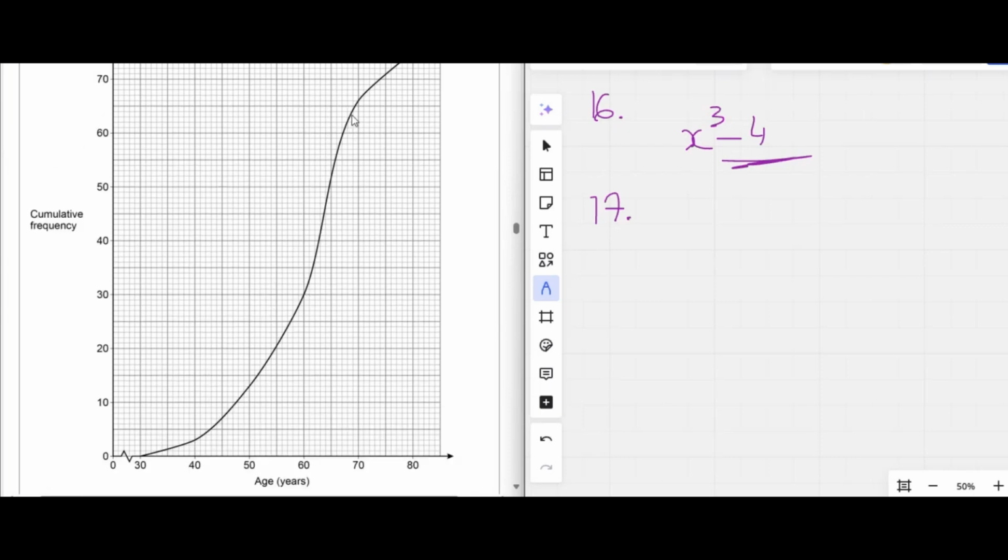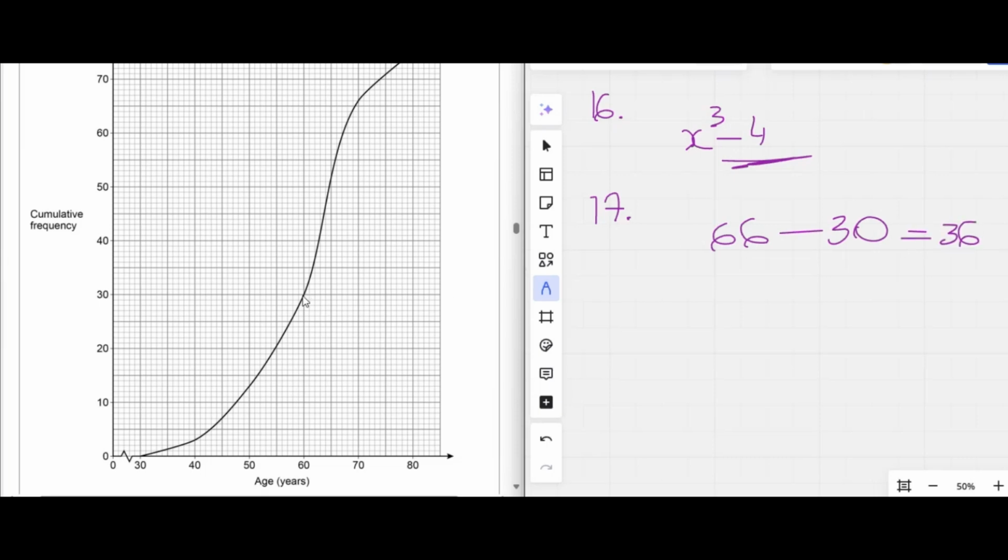Yes, in the 60s we have 66 people starting from 30. So that's 36 people.